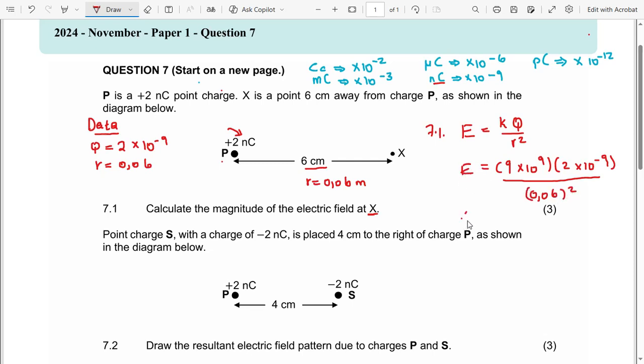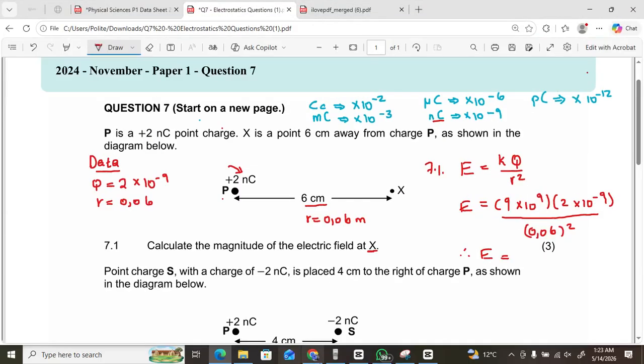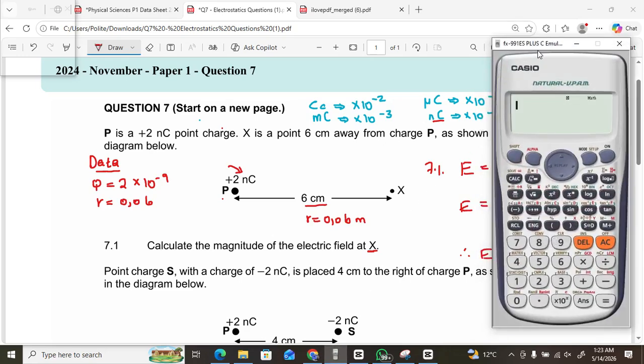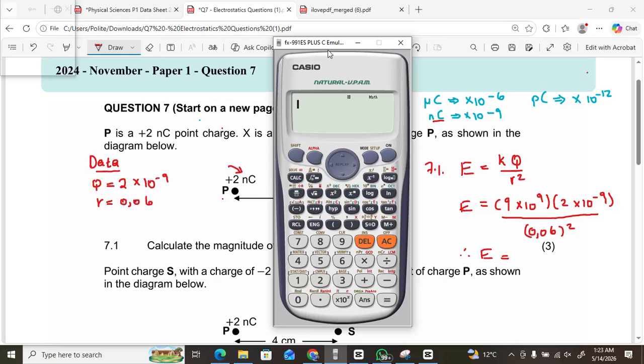So you just have to put that on the calculator and see what E is equal to. So I'm going to put that information on the calculator. Let me see what we get. Okay, I also need you to try and punch this correctly on the calculator.